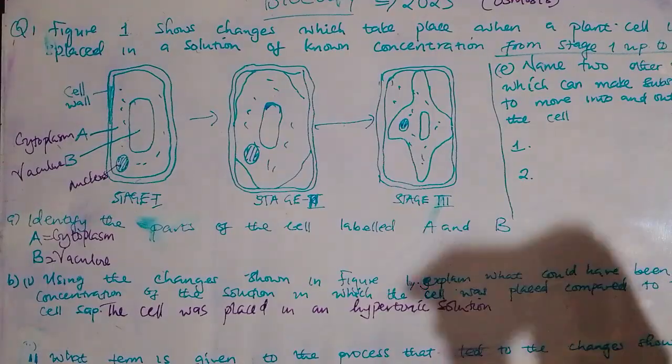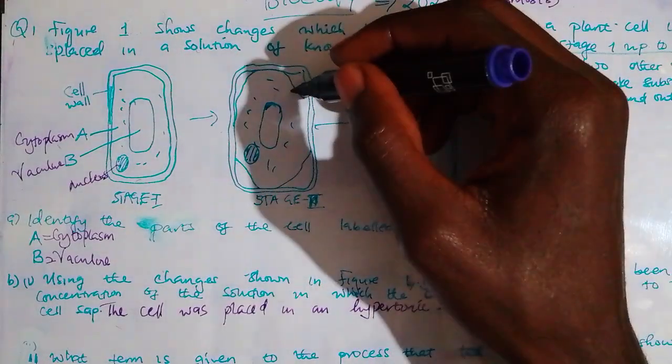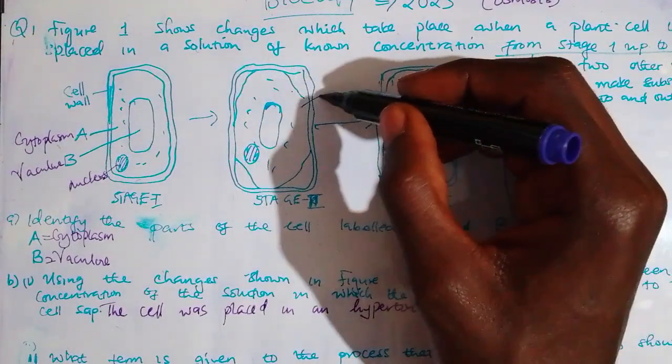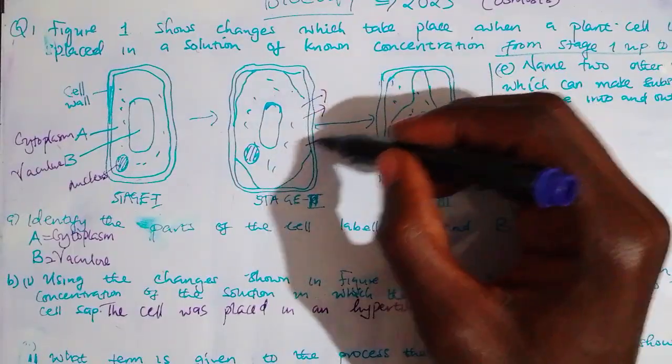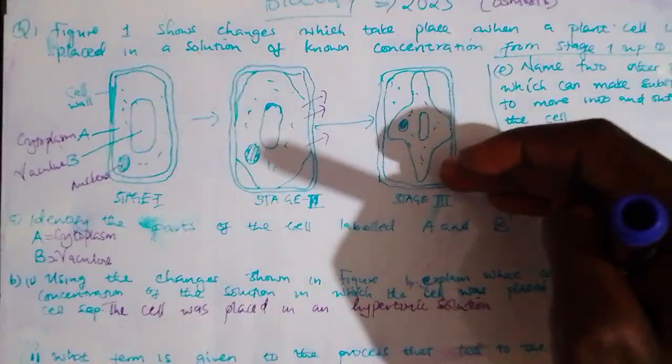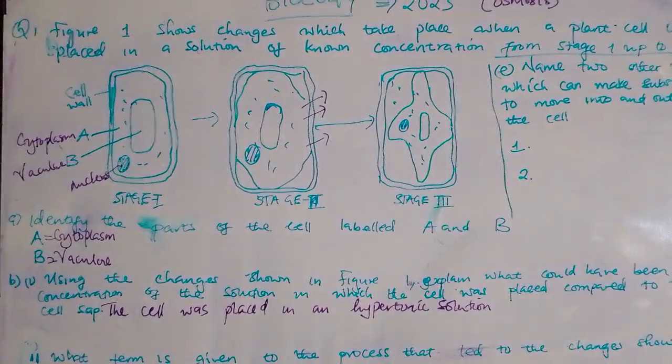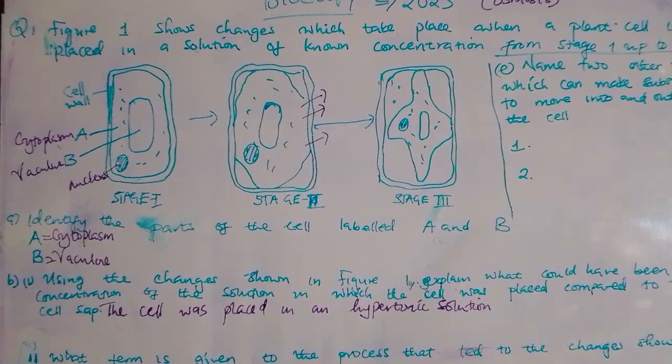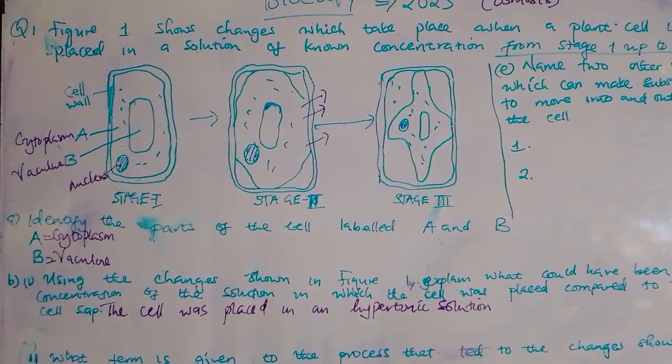So meaning water will start moving from the cell outside. So when water starts moving from inside the cell, going outside the cell, it causes the cell to start shrinking, which can lead to how the cell is looking on stage 3.